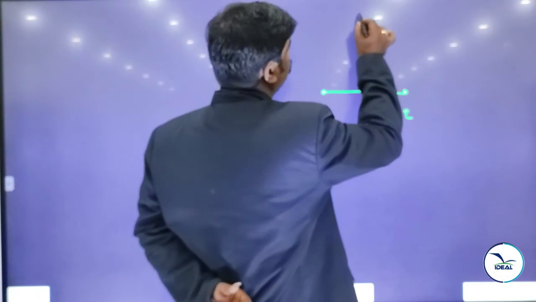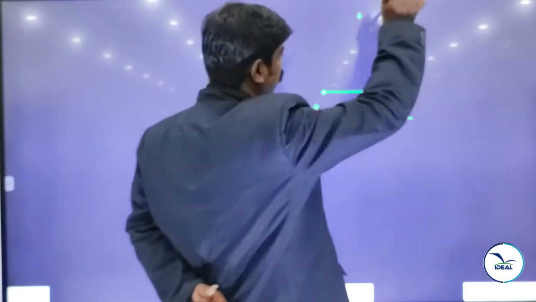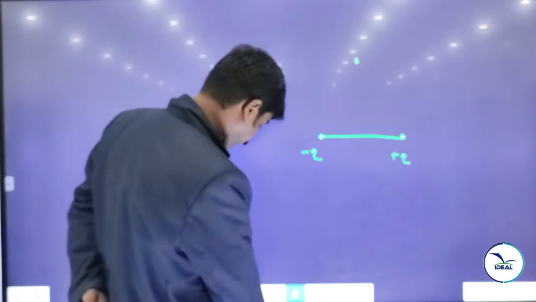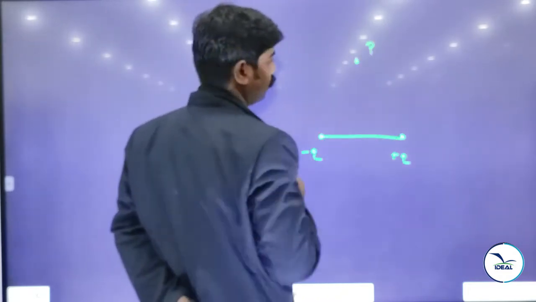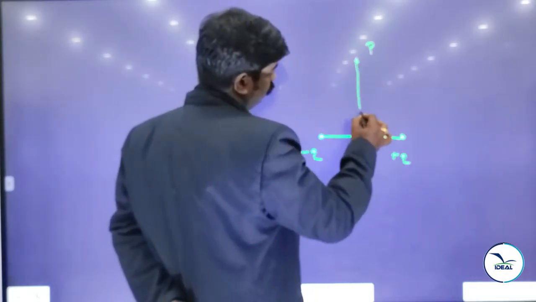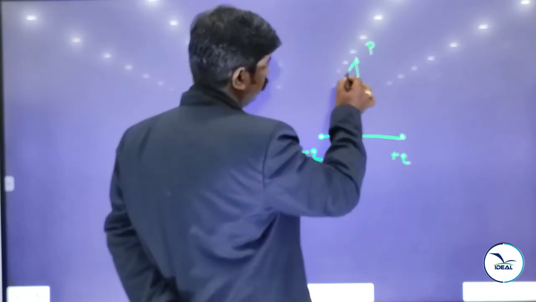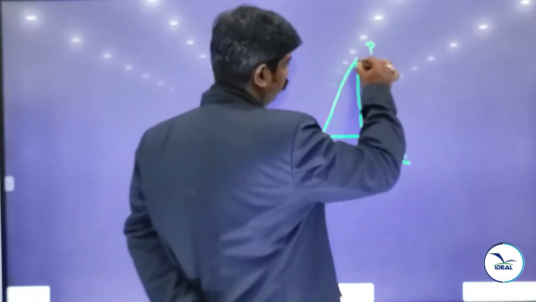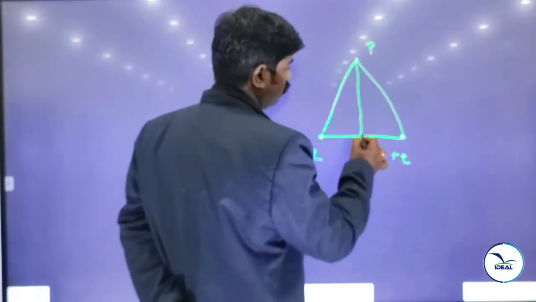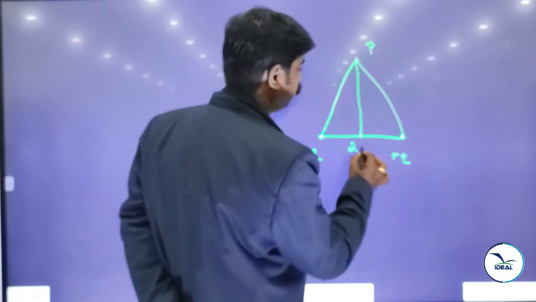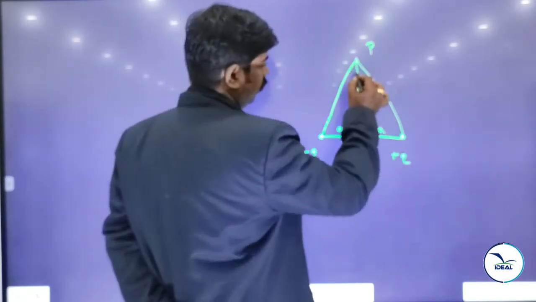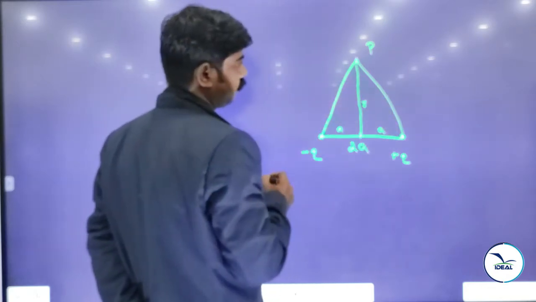Then we can consider a point here, that is P, and we can draw a line connecting these two. Here this distance is 2a, that is this is a, this is also a, and here it is r.